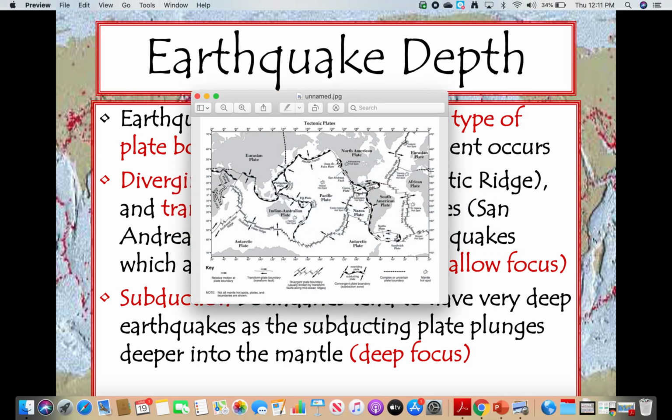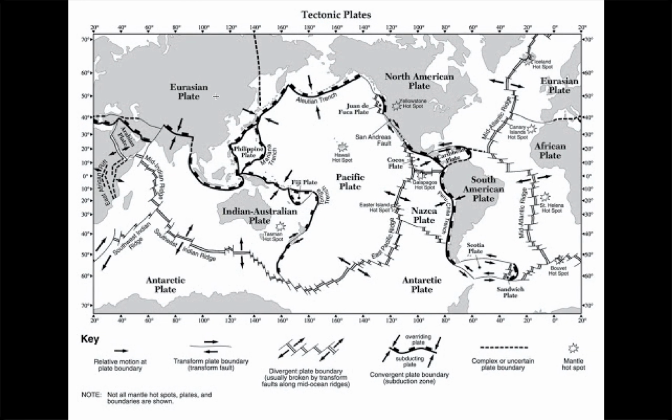If you don't have it, please pause the video and open up ESRT page 5. When we go to ESRT page 5, we look at the different types of plate boundaries. Forgive me for the resolution of this map, but it was the best I could do on short notice. Let's think about what's happening at a divergent boundary. Crust is being pulled apart.